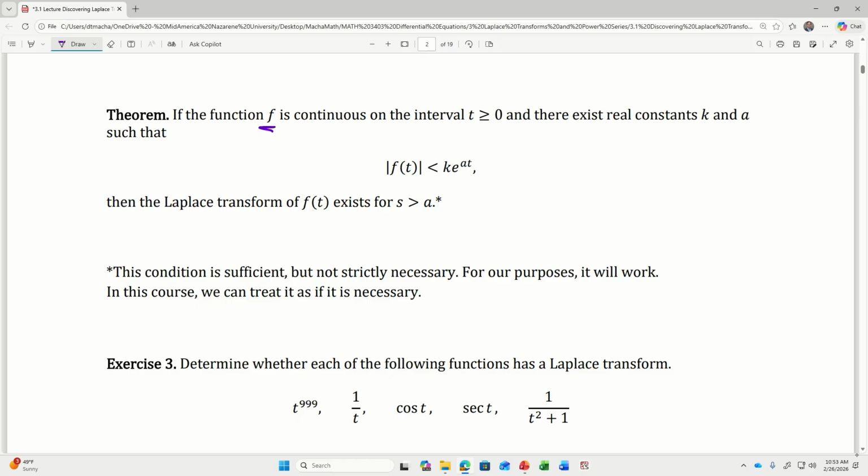So if your function lowercase f is continuous on the interval where t is all non-negative real numbers, and there exist some real constants, we'll call them lowercase k and lowercase a, such that the absolute value of your function is less than k times e to the at, for all values t greater than or equal to 0, then the Laplace transform of this function exists when s is greater than a.